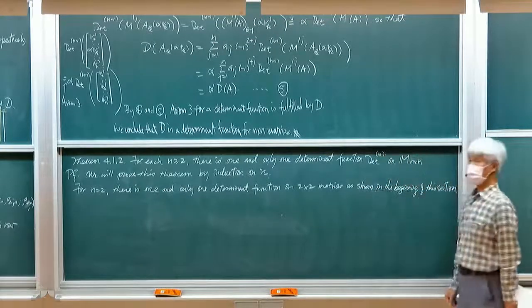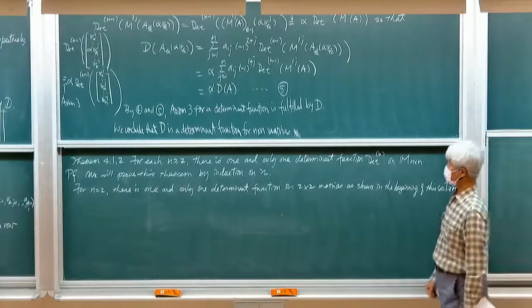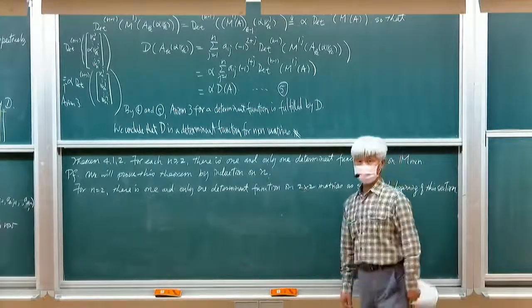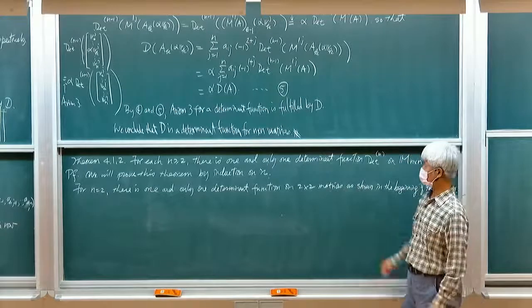Okay, so in the beginning of this section, I have shown that there is one and only one determinant function on 2 by 2 matrices.